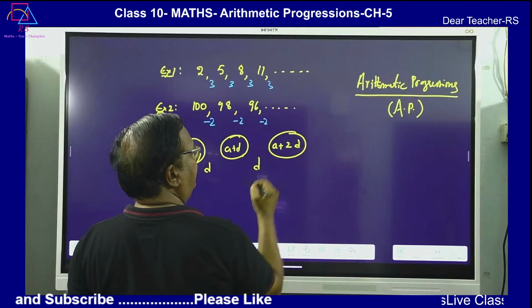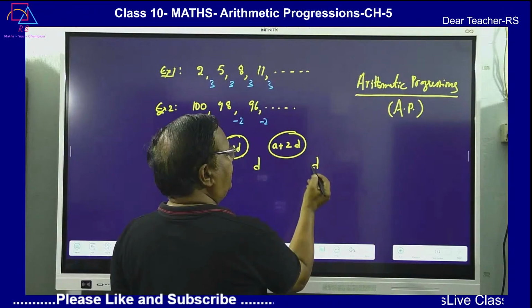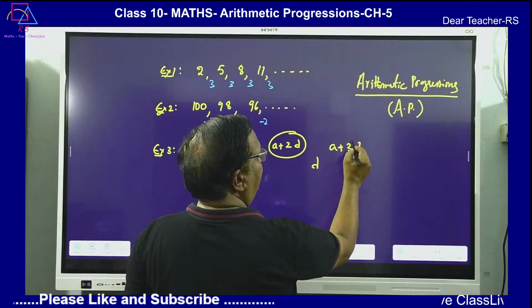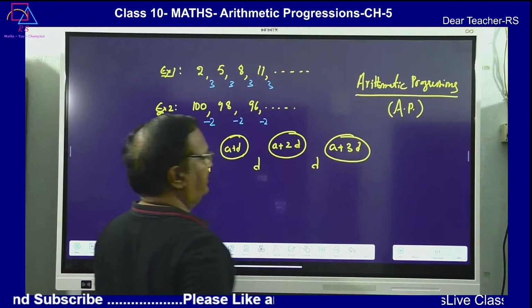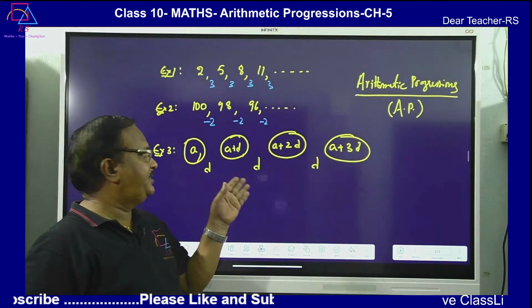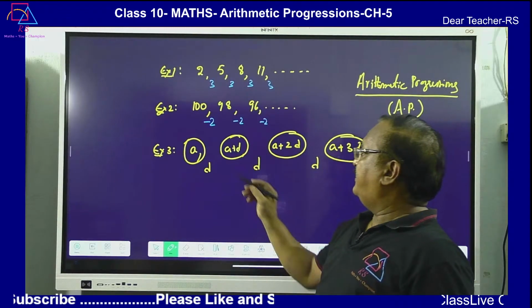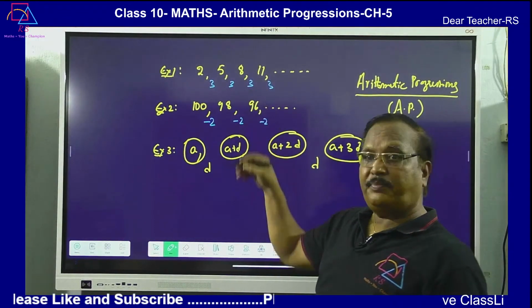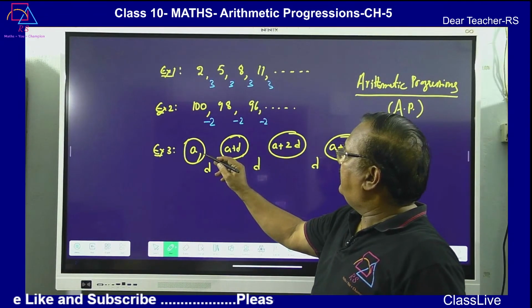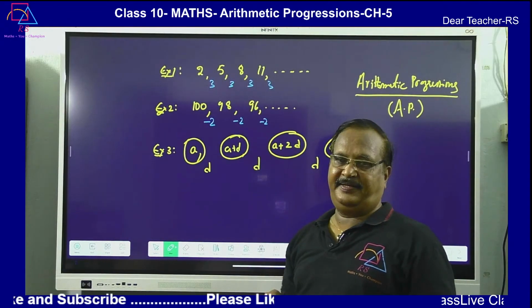For the next term, a plus 2d plus d equals a plus 3d, the fourth term. So a, a plus d, a plus 2d, a plus 3d are the terms of the progression, and we get them by adding a fixed number d.